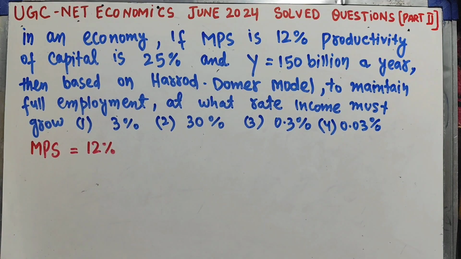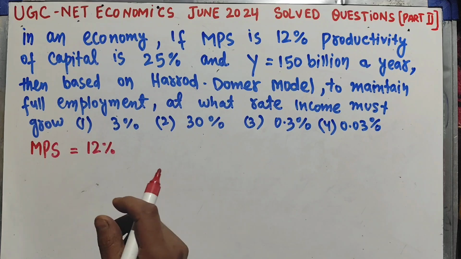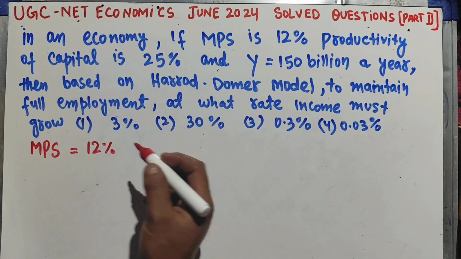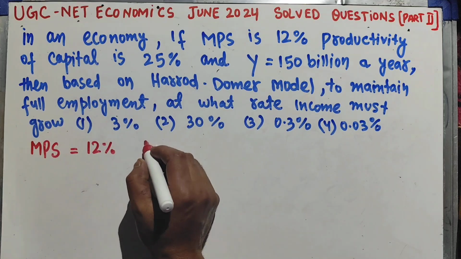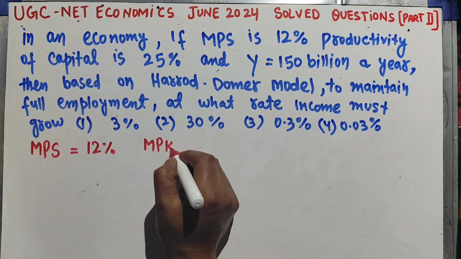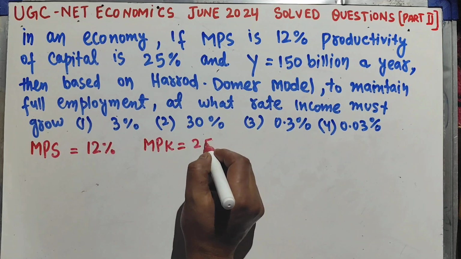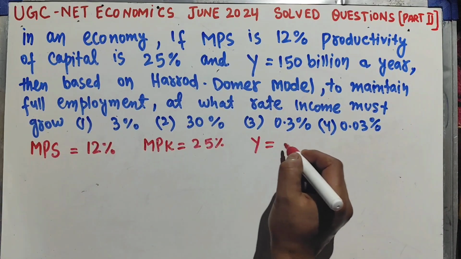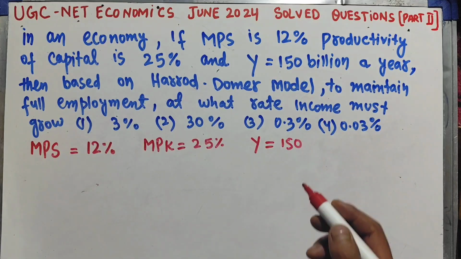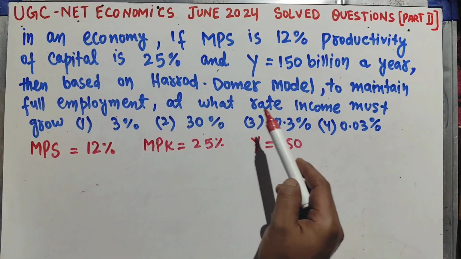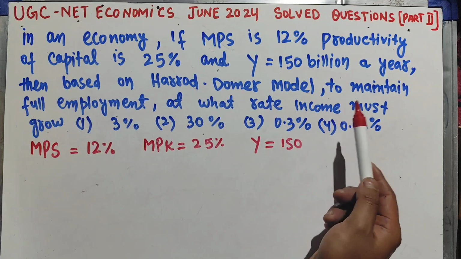So this is our saving ratio, also saving income ratio, which is equal to 12%. Productivity of capital, what we also call the marginal productivity of capital, is being given as 25%, and income is being given as 150 billion. We need to find, to maintain full employment, the rate at which income must grow.